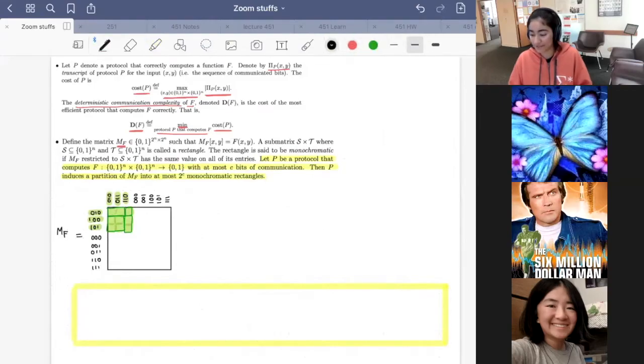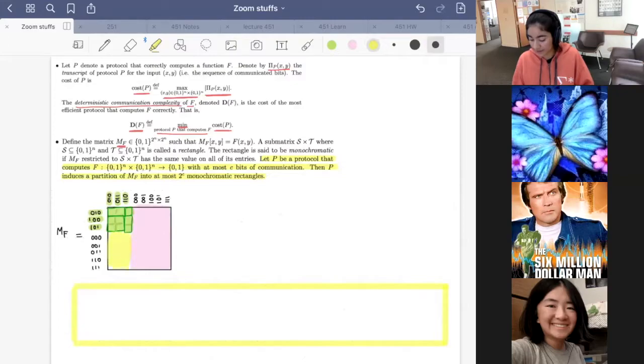So let's break that down. What we're basically saying is, okay, let's pretend that this green rectangle right here is a monochromatic rectangle, and I've got some protocol P that requires 2 bits of communication. Well, then 2 to the C is 4. So that means I should be able to partition this matrix into 4 monochromatic rectangles or less. So a partition might look something like this is one rectangle. It doesn't have to be contiguous, but it's easier to draw that way. And then this is one other rectangle.